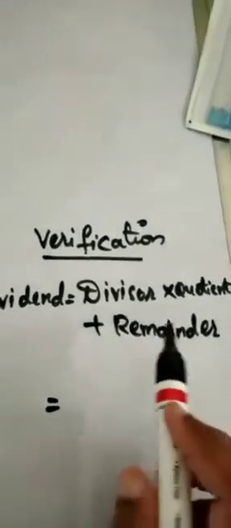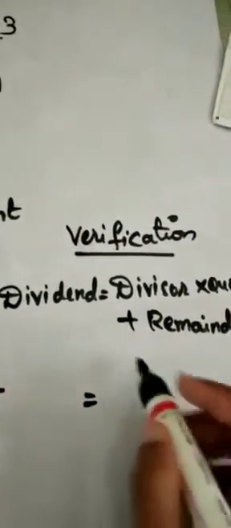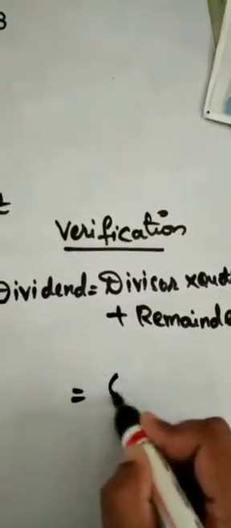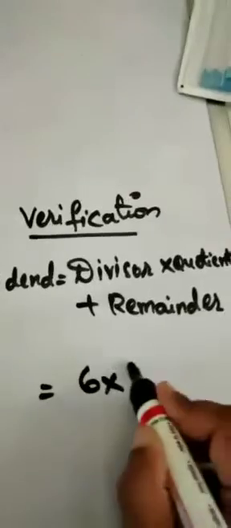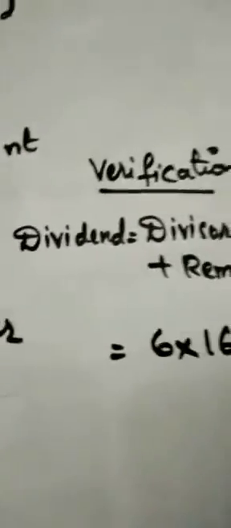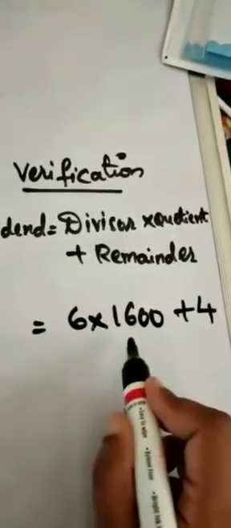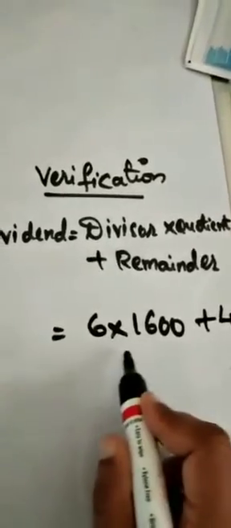Our divisor is 6. Quotient is 1600. Remainder is 4. So firstly we have to multiply 1600 into 6.